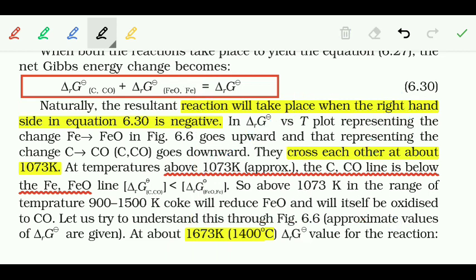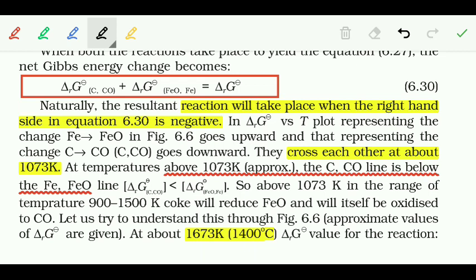So they are repeating the same point. They cross each other at 1073 Kelvin. At a temperature above 1073 Kelvin, the carbon monoxide line is below the iron oxide line.